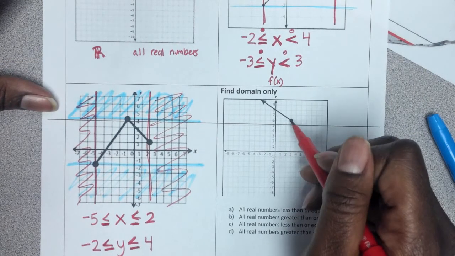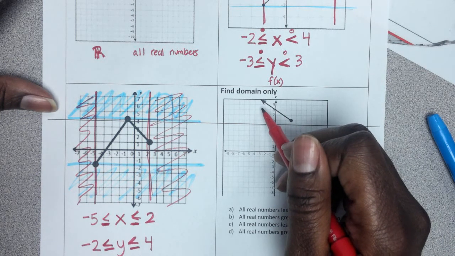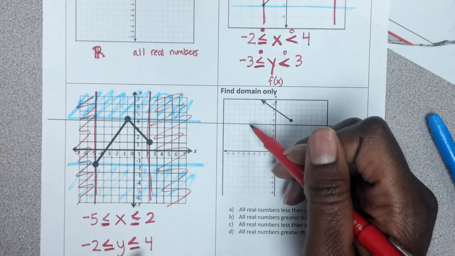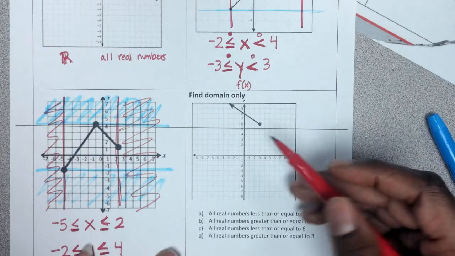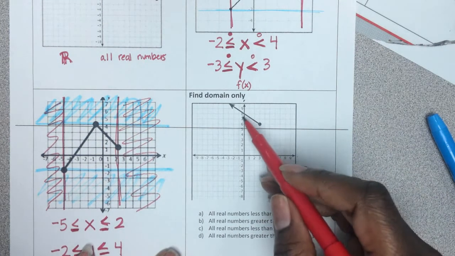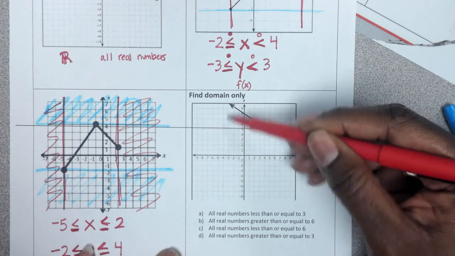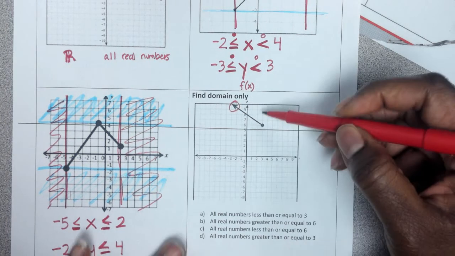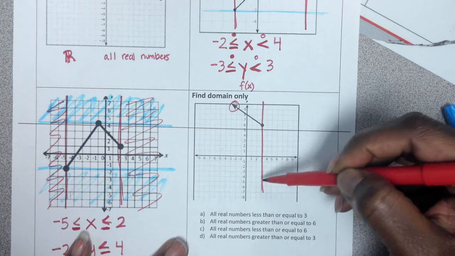Because on this one, there is definitely an arrow, which means you might not use the less than or equal to, okay? For this one, it does say find domain only, but I'm also going to find range for testing purposes. So, once again, for domain, I usually draw a line on the left and the right. However, I can't draw the line on the left because of this arrow. So I'm just going to draw the line on the right to see where it touches the x-axis.